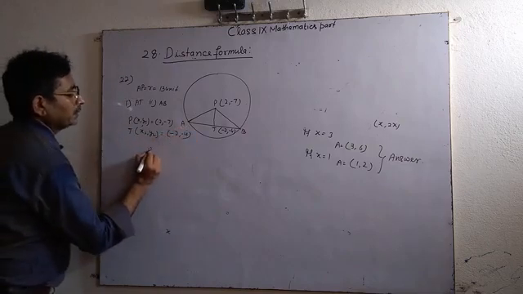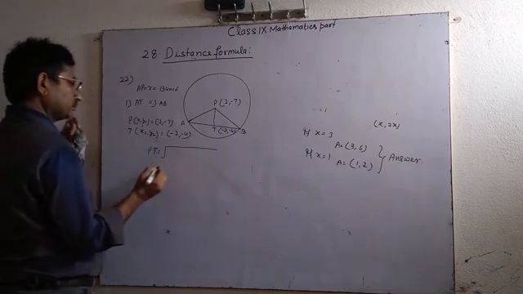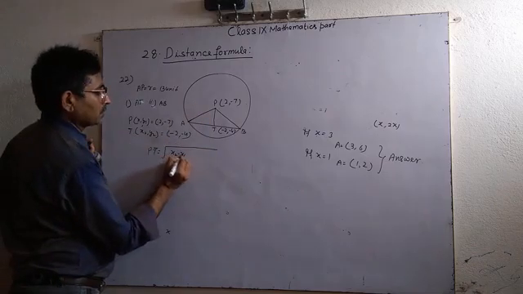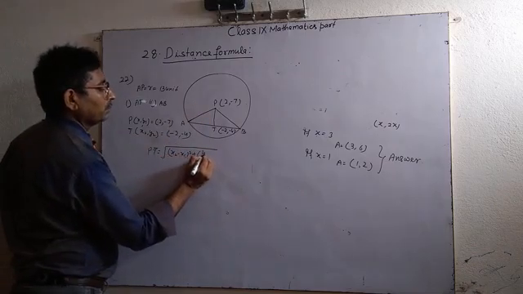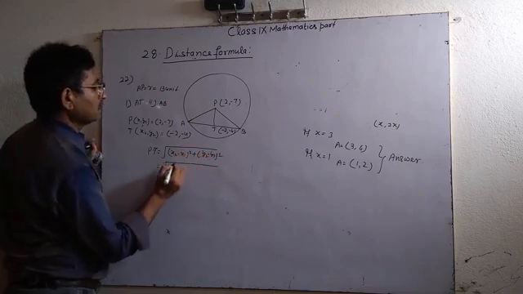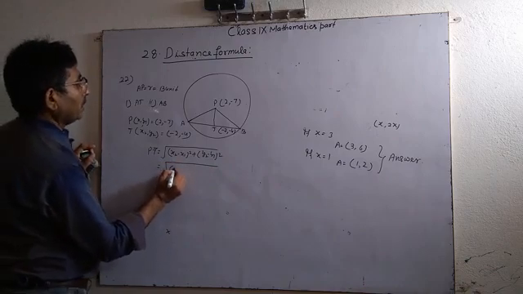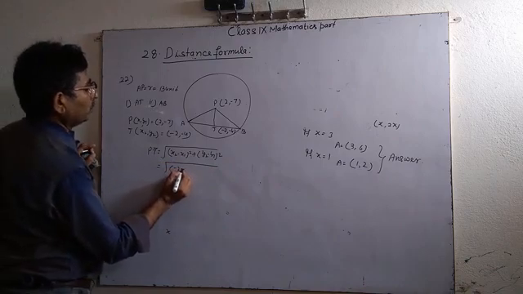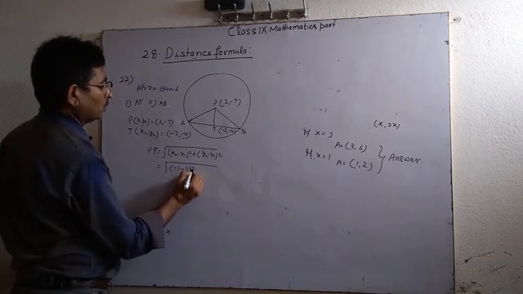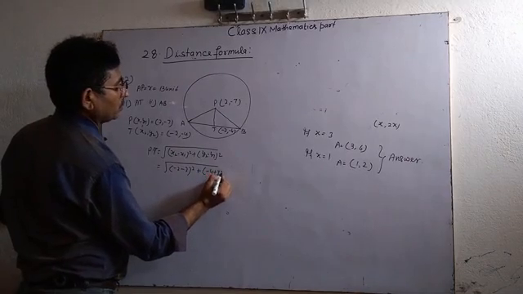Therefore PT equals root of x2 minus x1 whole square plus y2 minus y1 whole square, which means minus 2 minus 2 whole square and minus 4 plus 7 whole square.